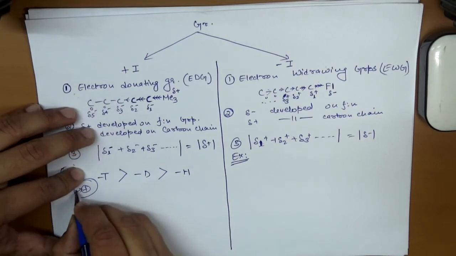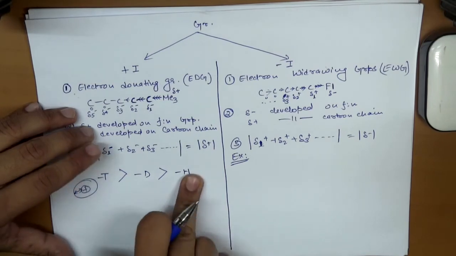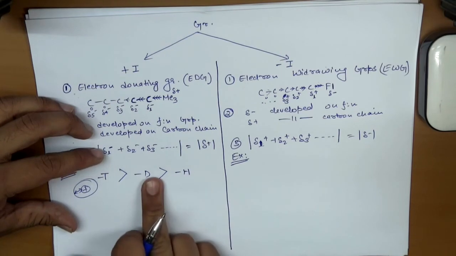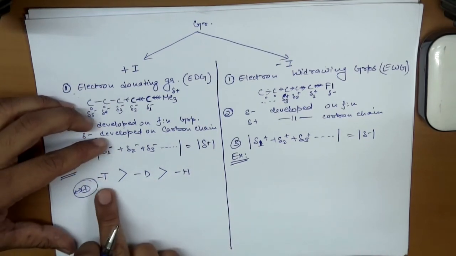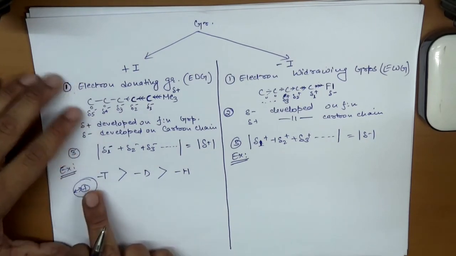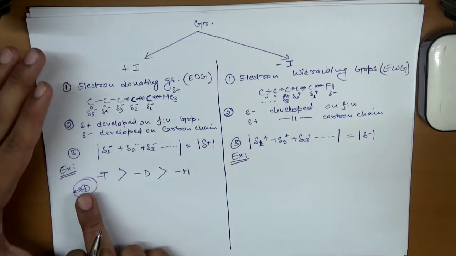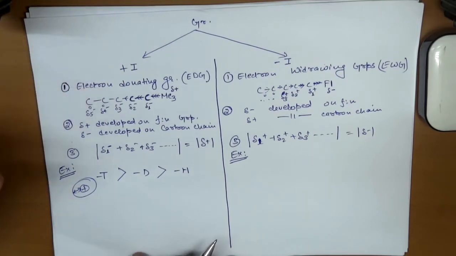So the distance between the electron and nucleus is very small in hydrogen, somewhat intermediate in deuterium, and very large in tritium. Because of the weaker electron and nucleus interaction, tritium can easily give away its electron as compared to deuterium and hydrogen.